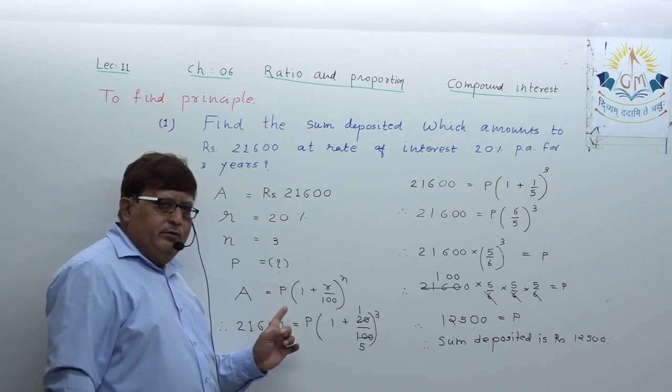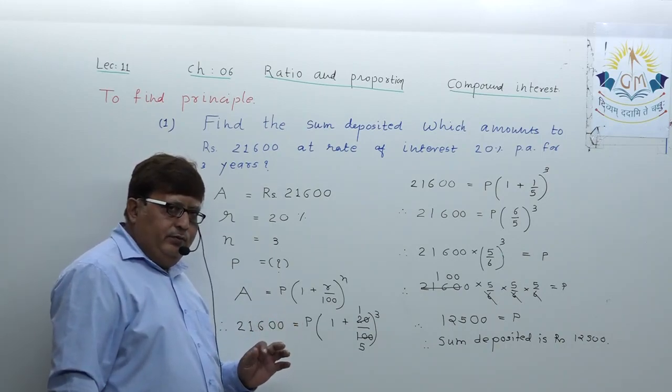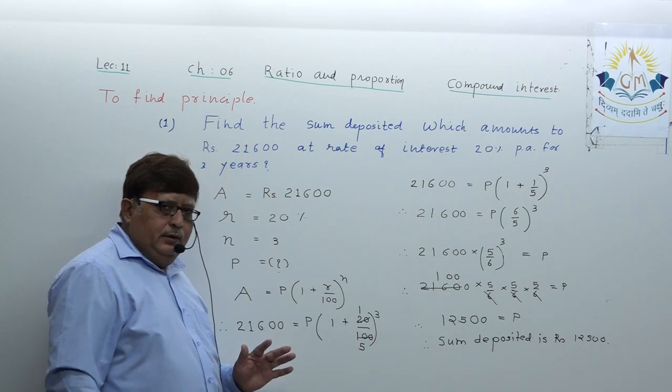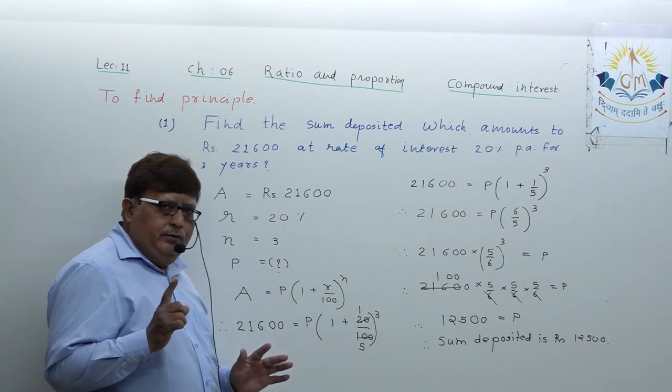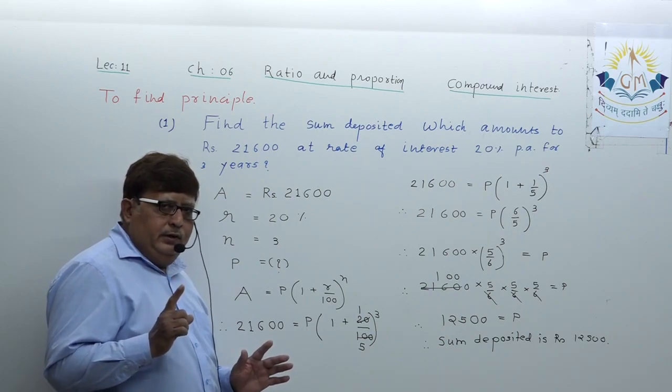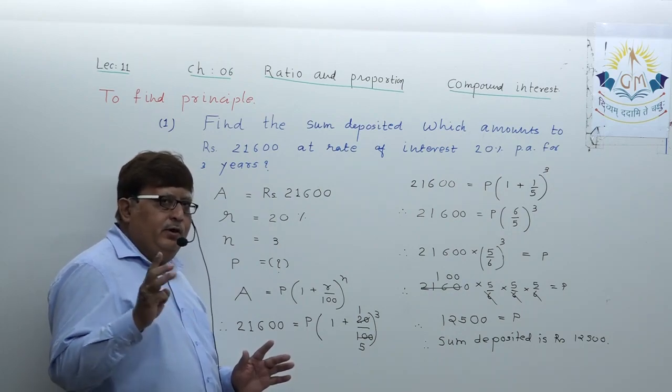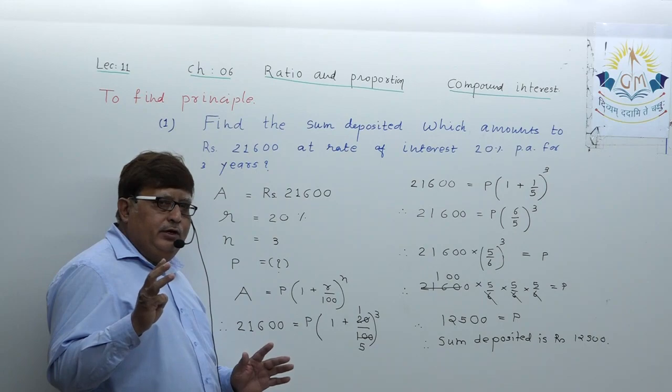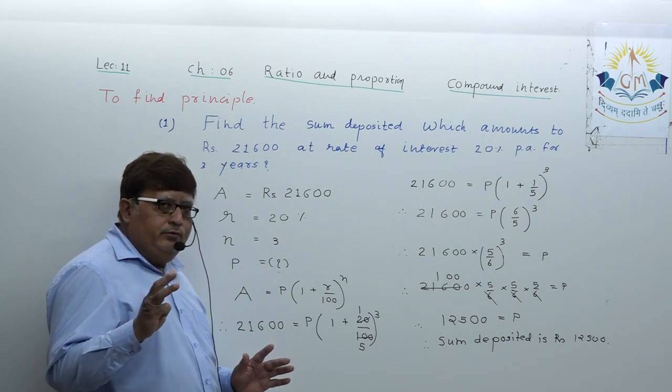This is an example where you were looking for finding principal, but at that time you are already given three other unknowns.